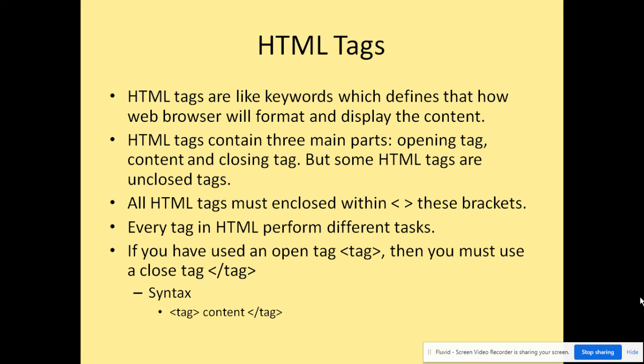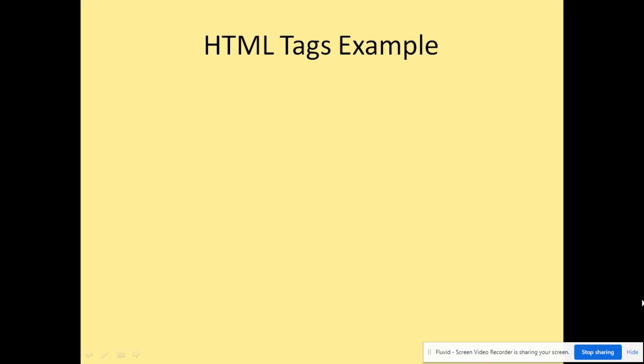If you have used an open tag, then you must close that tag. Syntax: tag open, write some content, and tag close. This is how you open the tag, write some content, and close the tag. Very simple. Let's discuss some examples of tags, because only tags can help you design a web page.